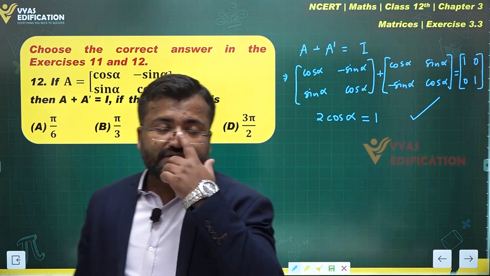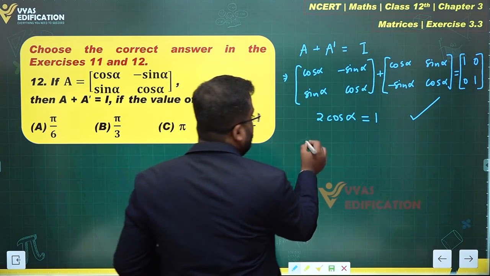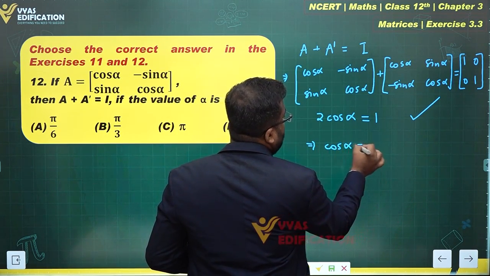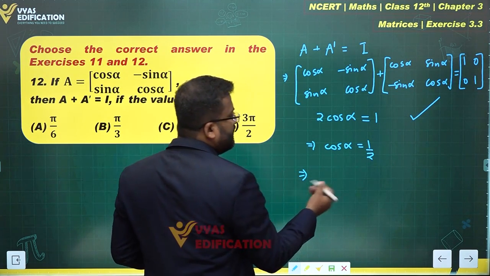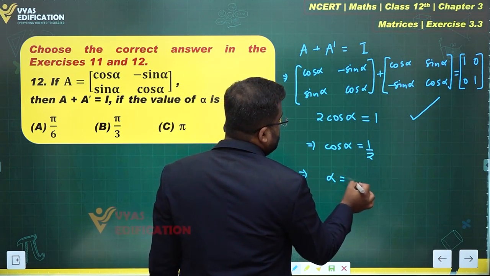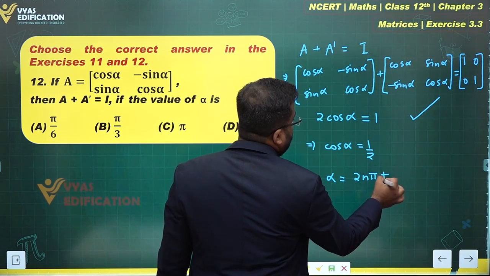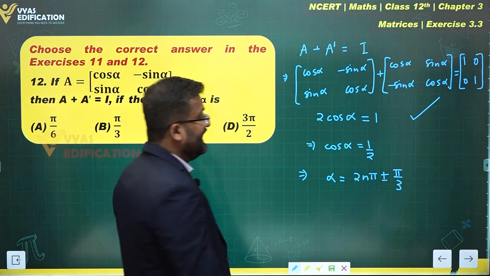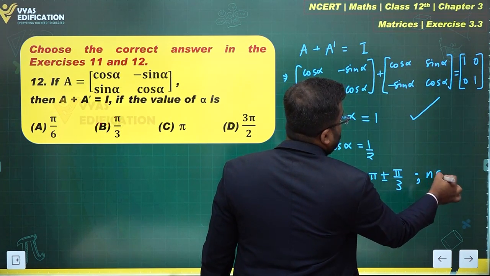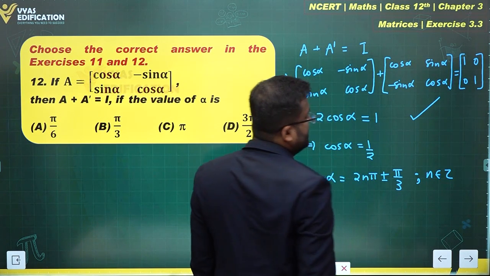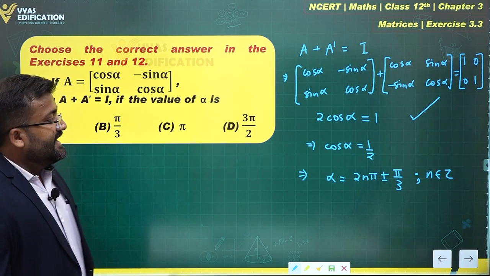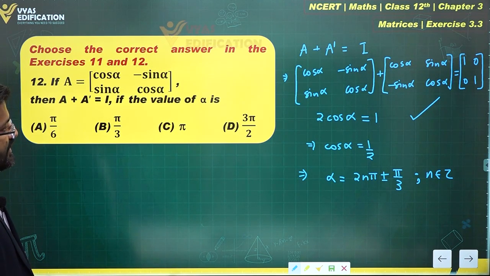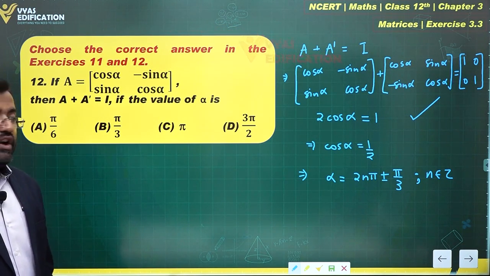This implies that cos alpha is equal to 1 by 2, and alpha can take various values. Alpha will be 2n pi plus minus pi by 3, that's the general solution, where n belongs to the integers. Cos alpha is equal to half is true for alpha equal to pi by 3.